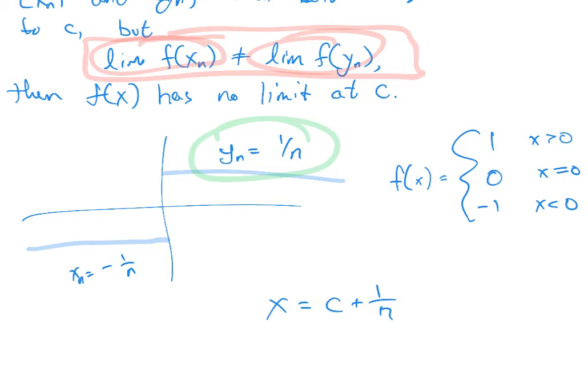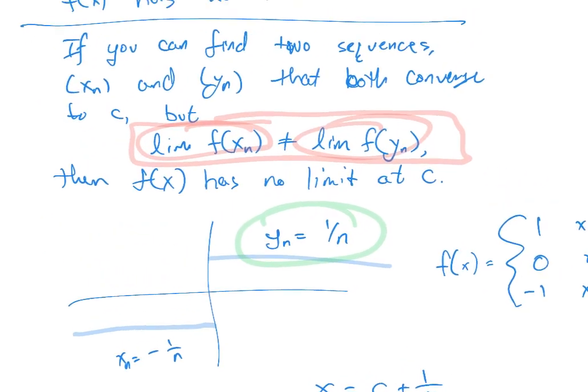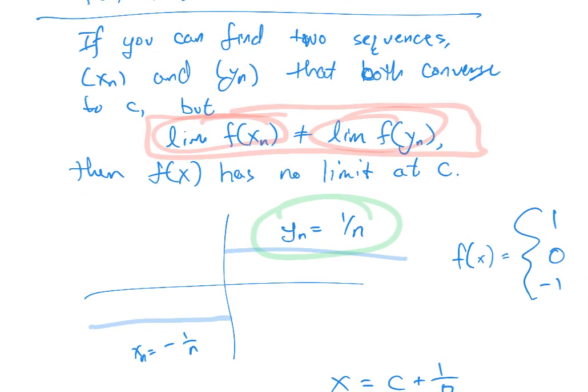Where you say the two limits are not equal to each other, do you have to say under the limit that xn approaches c? It's a good question. I'm going to say two things about it. The first is we already said that xn converges to c.